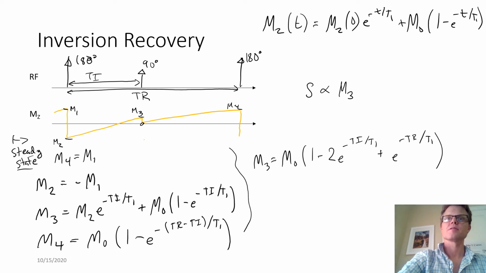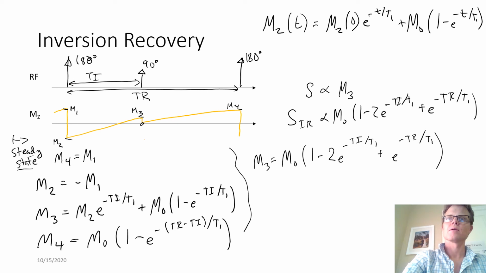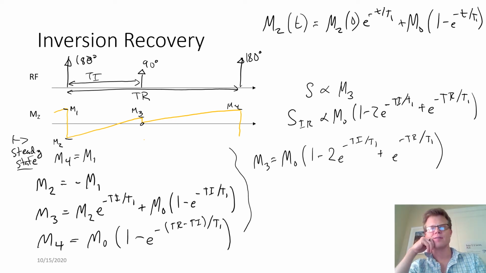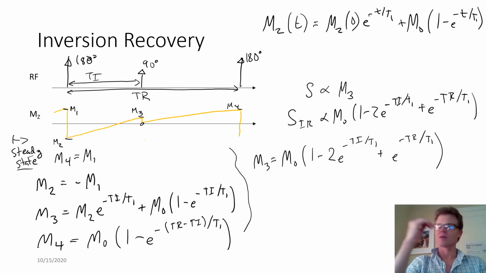Okay, so that means our signal for inversion recovery is proportional to this same term here. Okay, so maybe I've led you here, but maybe you're having sort of a so what moment. Why do we go through this trouble of adding this extra inversion 180-degree pulse before we do our usual 90-degree excitation?